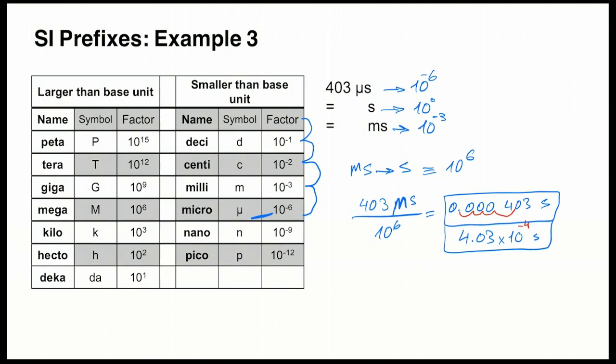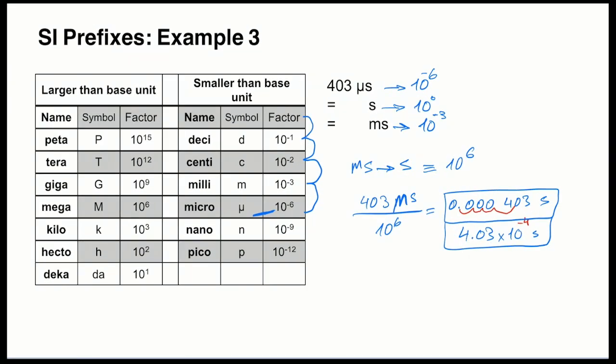Right. If I am going from microseconds to milliseconds, the difference is 3. Okay, so microseconds to milliseconds, the factor is 10 to the power of 3. Division or multiplication?